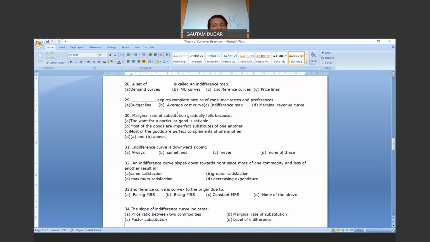And the properties of indifference curves: they are downward sloping and convex to the origin. A higher indifference curve represents a higher level of satisfaction, and a lower indifference curve represents a lower level of satisfaction.